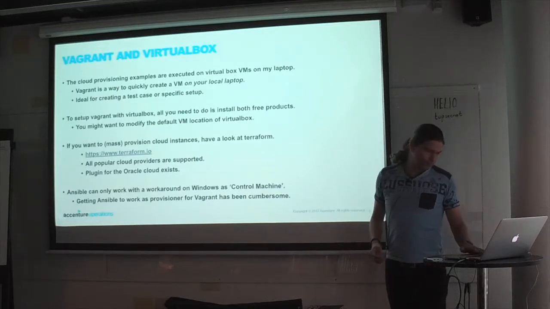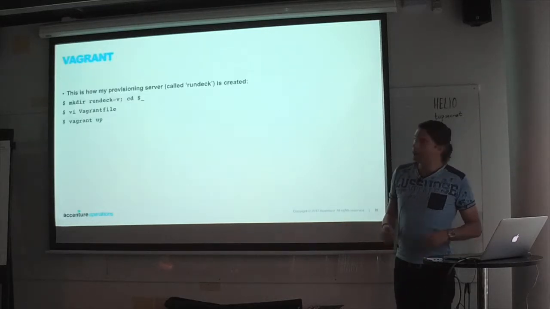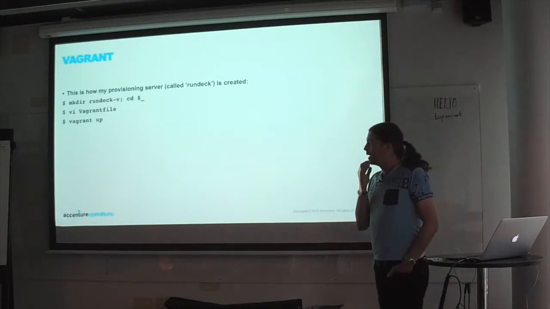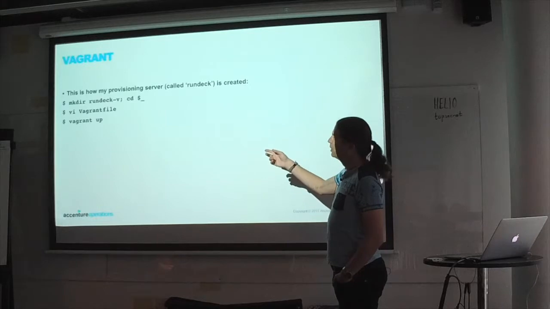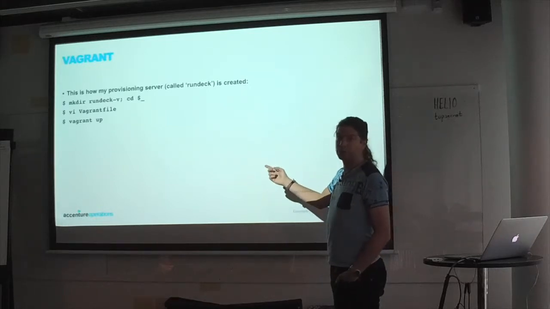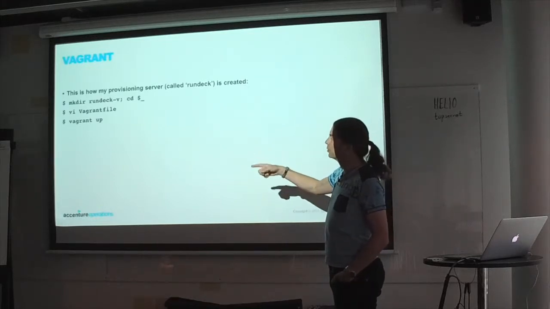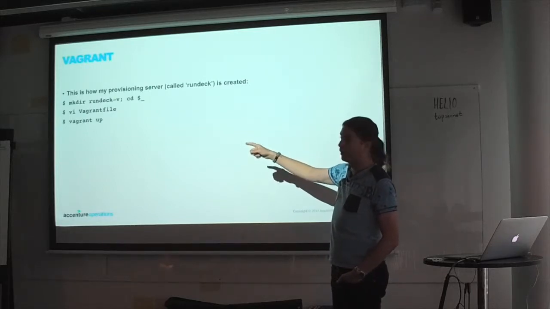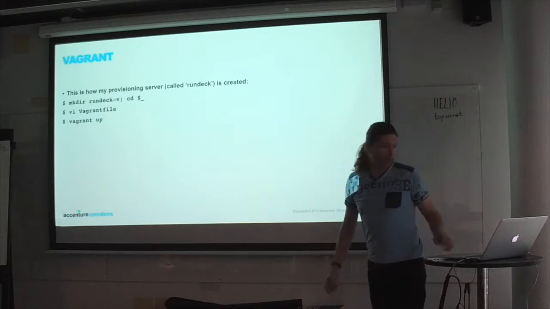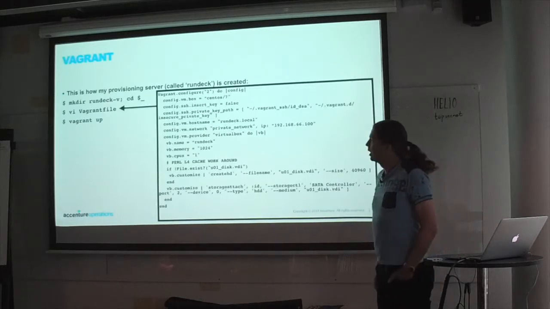And then Vagrant. If I start provisioning, in this case, my RUNDECK machine, this is how the provisioning of a virtual machine in RUNDECK looks like. I create a directory rundeck-v for Vagrant, and then I vi a file, and this is how the file looks like.